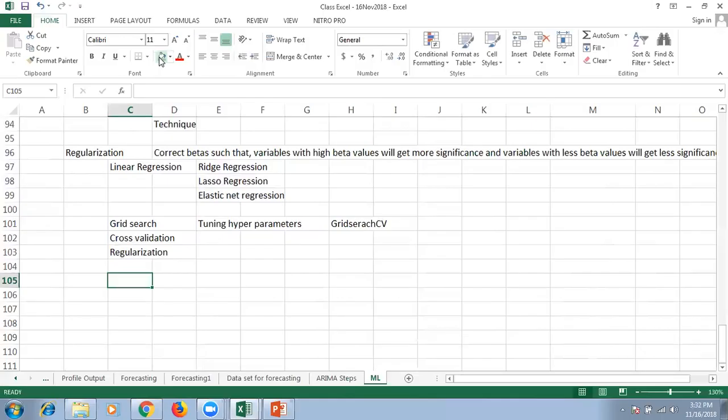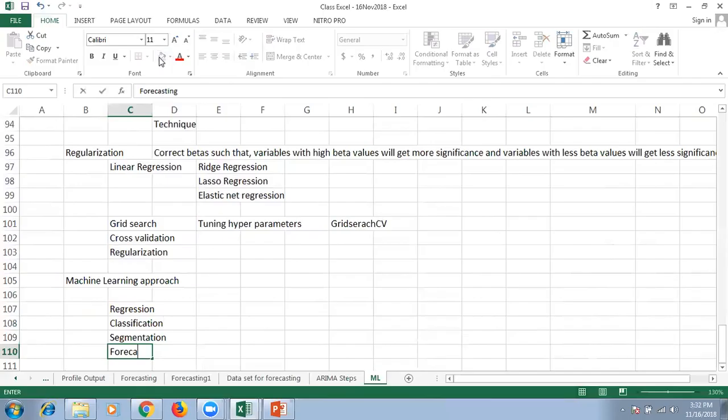And when I say the machine learning approach perspective, for regression, classification, and segmentation, of course, forecasting is an application of regression now. Because you remember the last class I was talking about how we can extend the regression concept to solve forecasting problems.